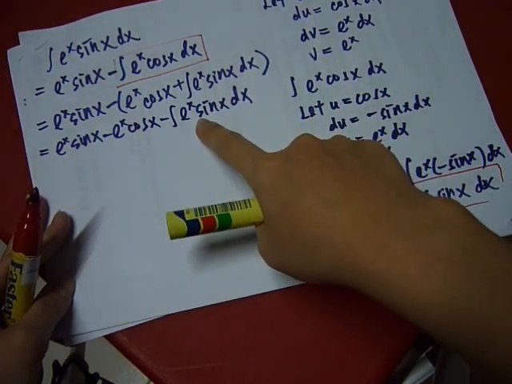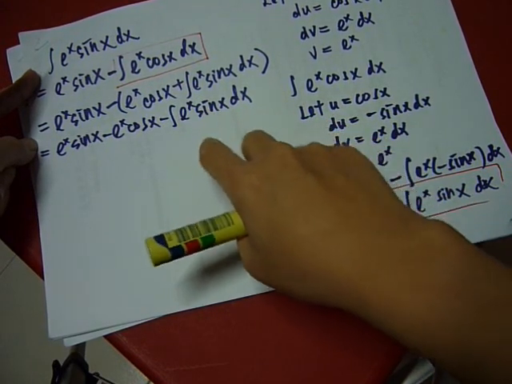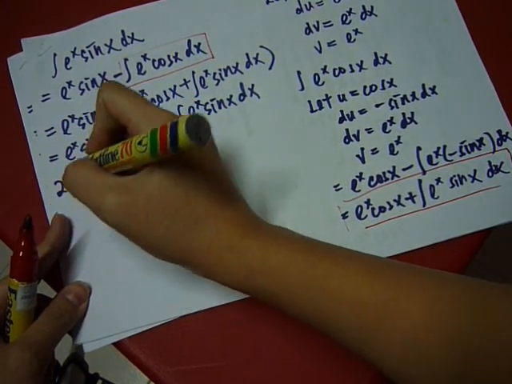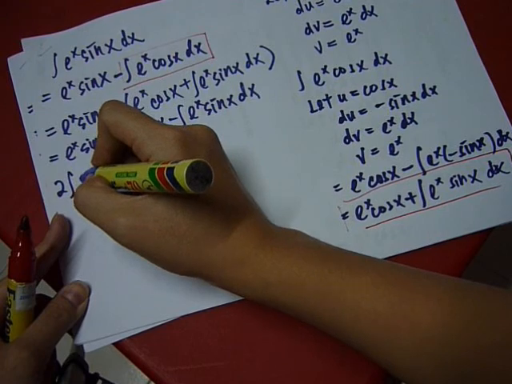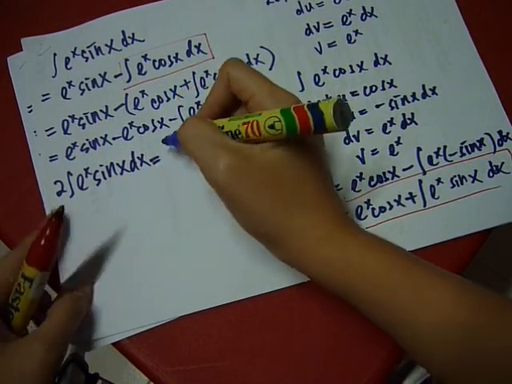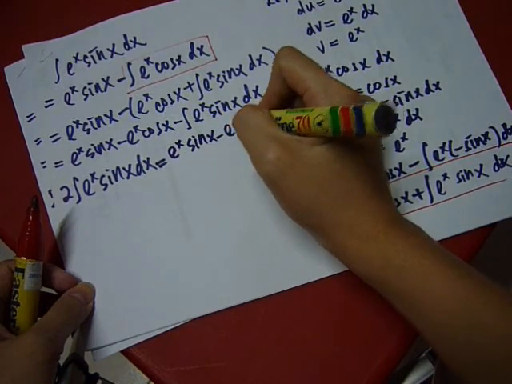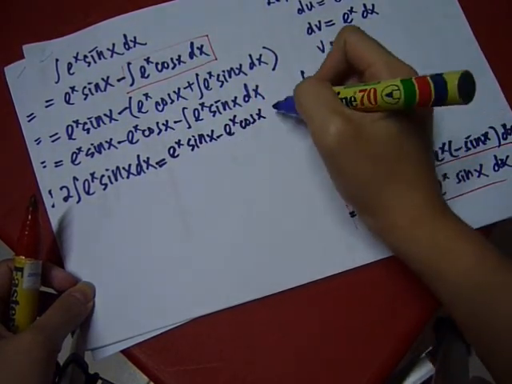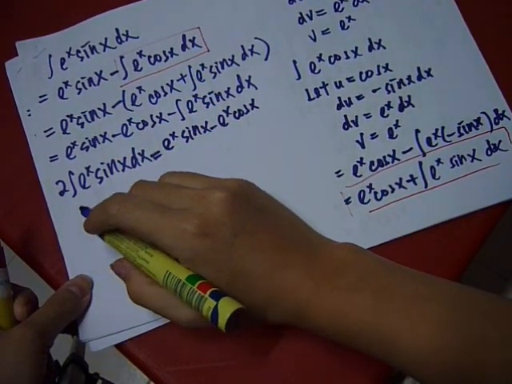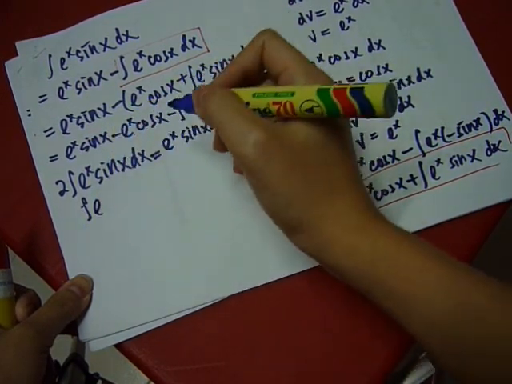So this part is the same as the original function, so we can move it to the left hand side. So the left hand side is equal to 2 integration e^x sin x dx, which is going to be e^x sin x minus e^x cos x, and this 2 moves to the right hand side.